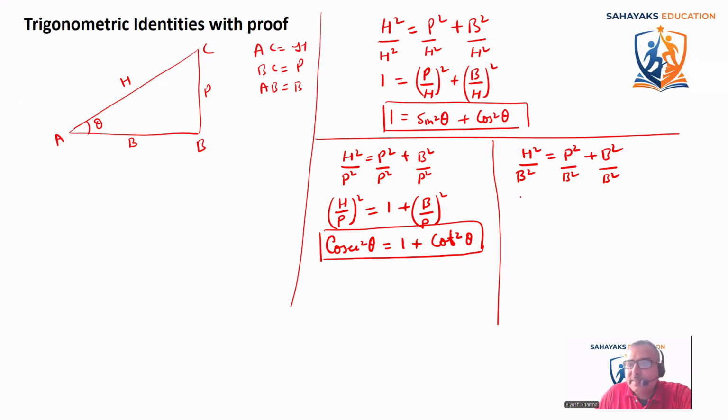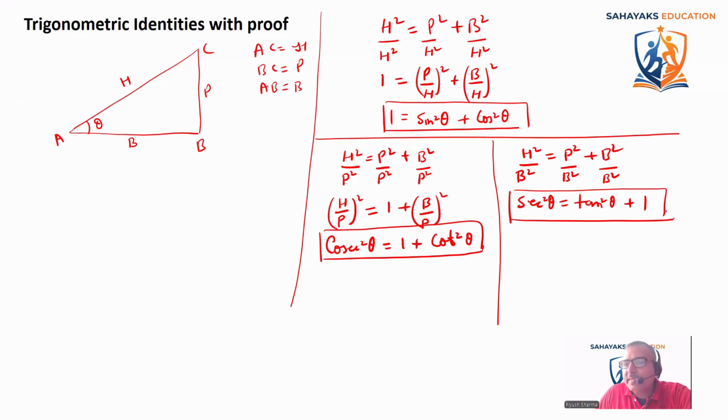We know it is sec square theta, is equal to, what is p by b? P by b is tan square theta. And b square by b square is 1. So this is the third identity.